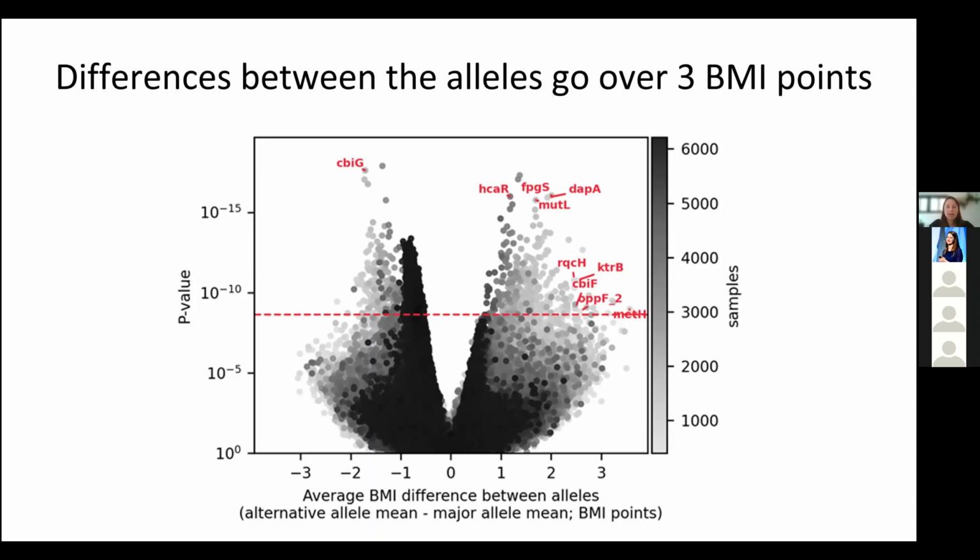But in cases in which maybe sometimes the different bacterial functionality may affect the host health, you see here that the differences may be very big, potentially, because they go over 3 BMI points.